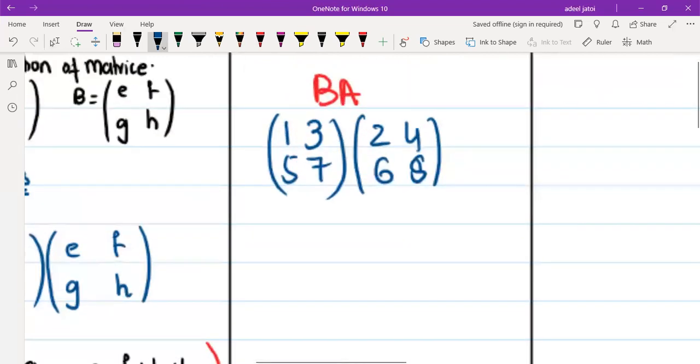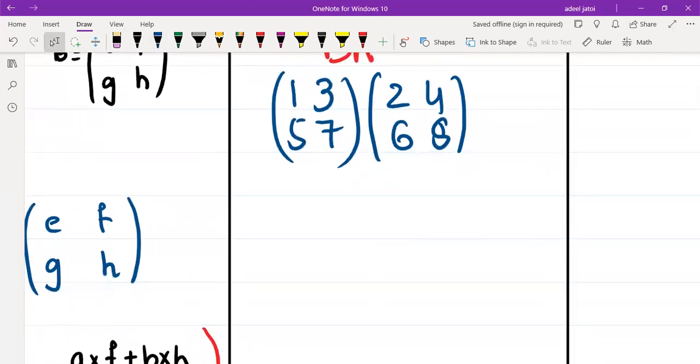So now your first value is 1, which will be multiplied by 2. So 1 multiplied by 2 plus the second value 3 multiplied by 6. Then your first row should also be multiplied with the second column. So this should be 1 into 4 plus 3 into 8.